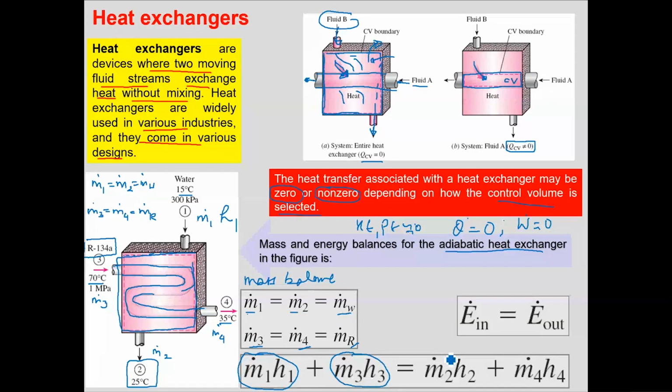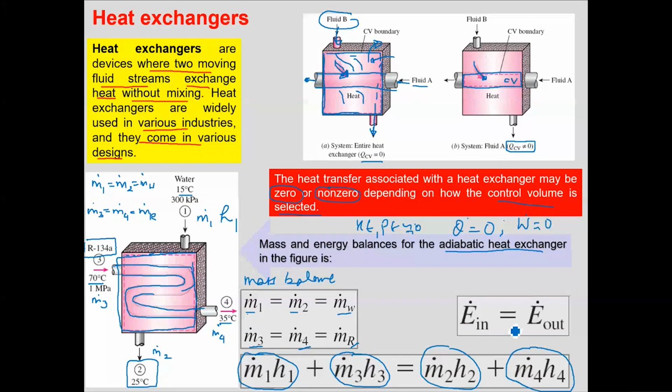This is the energy coming into the system, and the energy leaving the system is m dot 2 h2, which is the enthalpy associated with the mass flow rate leaving the system, and m dot 4 h4, which is the energy associated with the mass leaving the system.